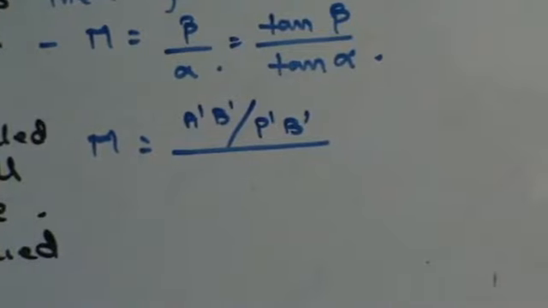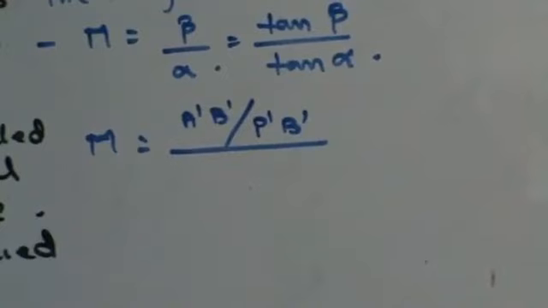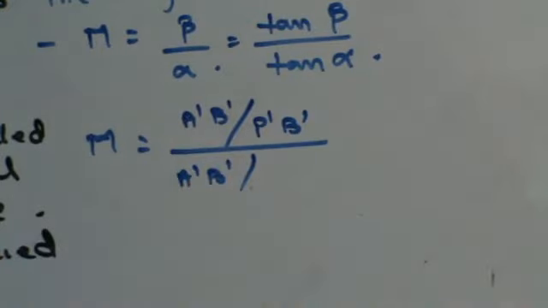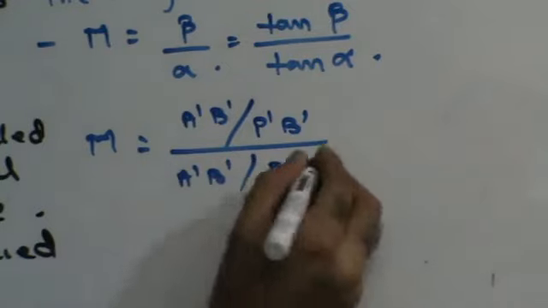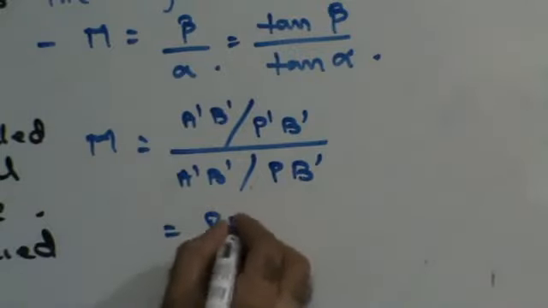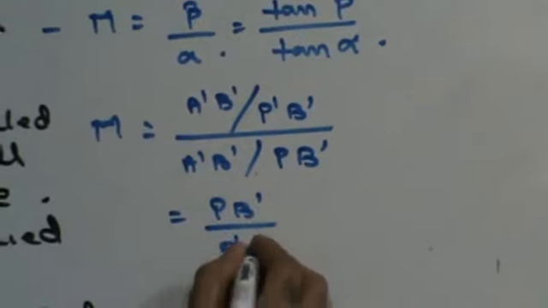The principal focus, the pole of the eyepiece, I'm calling it as P bar, right? Similarly, tan alpha is going to be A bar B bar upon PB bar, right? A bar B bar gets cancelled, denominator of denominator becomes numerator. So it is going to be nothing but PB bar upon PB.